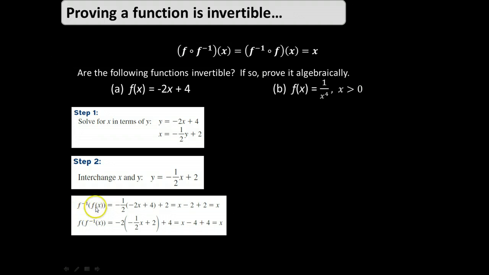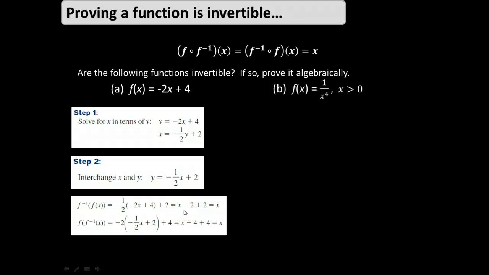So f inverse of f of x. Well, f of x is negative 2x plus 4. So we're going to put negative 2x plus 4 into our inverse function, which says to multiply by negative 1/2 and add 2. So negative 1/2 times our negative 2x plus 4, and then add the 2.